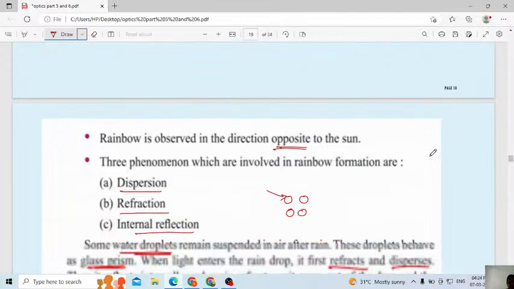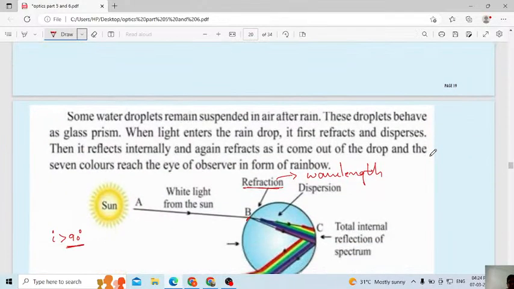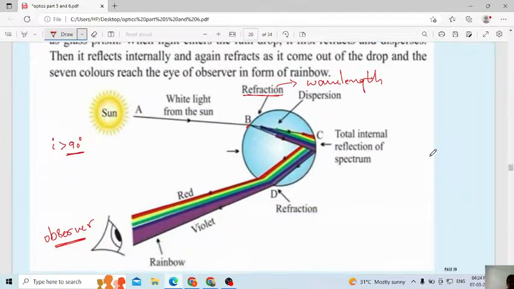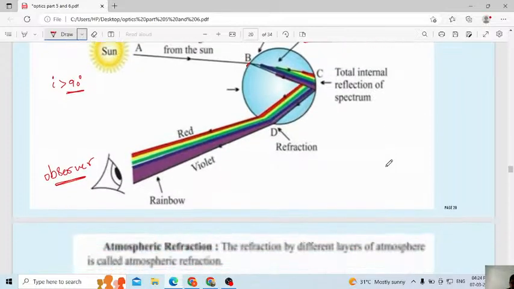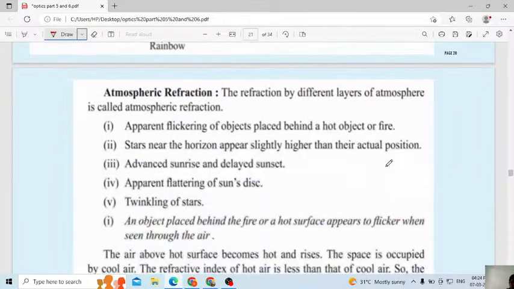Then here one more thing, where I stopped last class. See, in the rainbow you will get, after the rain, which processes occur here? Refraction will occur, dispersion will occur, even total internal reflection. All the three phenomena will occur, then only you can observe a rainbow after the rain. This also I explained in detail in the last class.